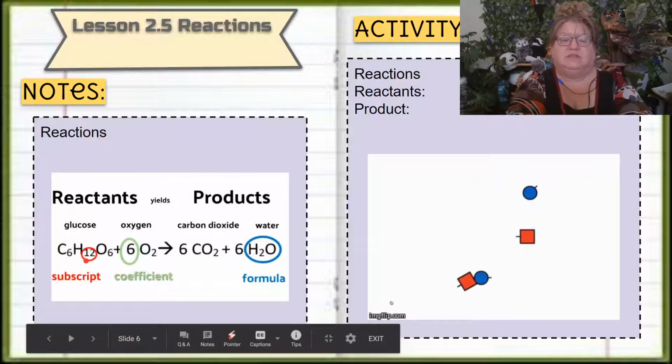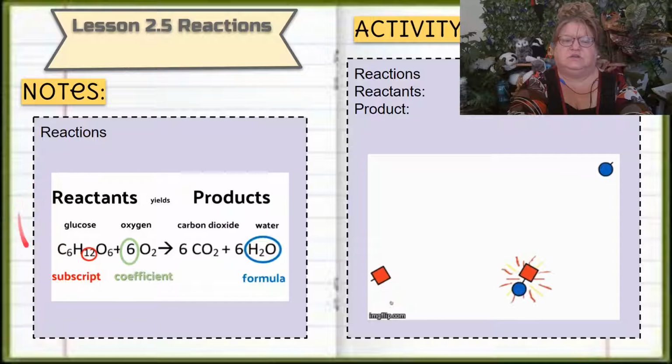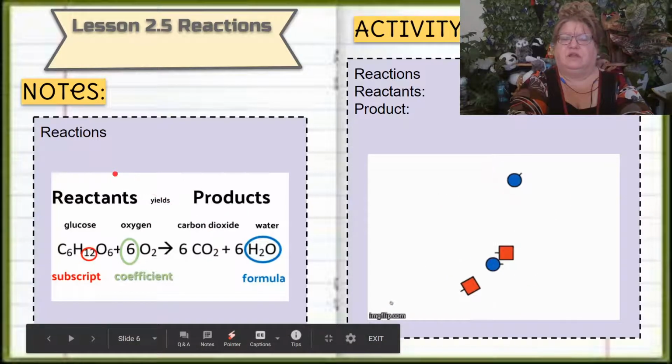Well, that means that I have 12 hydrogen in this molecule. But if you have a larger number in front of a molecule, we call that a coefficient. That simply means that we have 6 molecules of oxygen, 6 molecules of carbon dioxide, and 6 molecules of water. So that's just a quick review of a chemical equation.